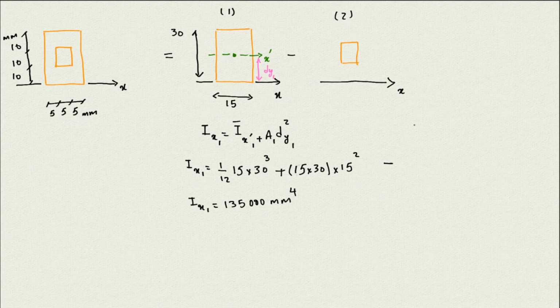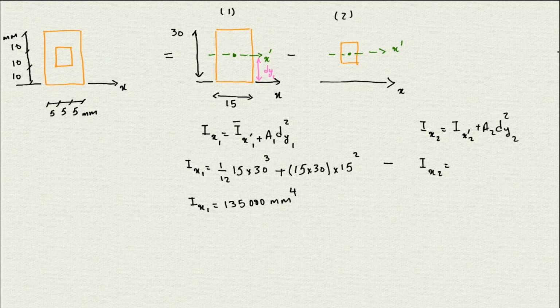Then it's going to be minus the moment of inertia for Ix2, which is the moment of inertia about its centroid plus its area times dy, the distance between the axes. Its centroid is the same as the previous one. In this case they both have the same centroid, but if it was not, it would be a very similar calculation.